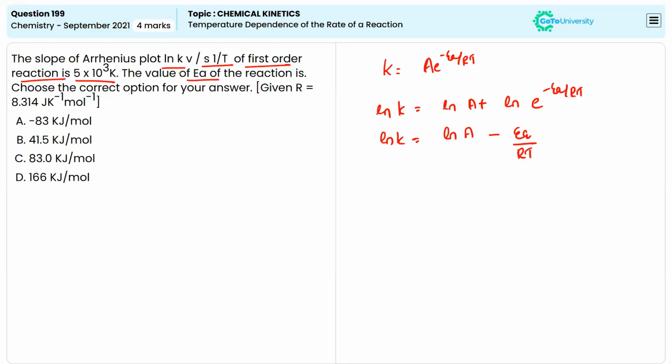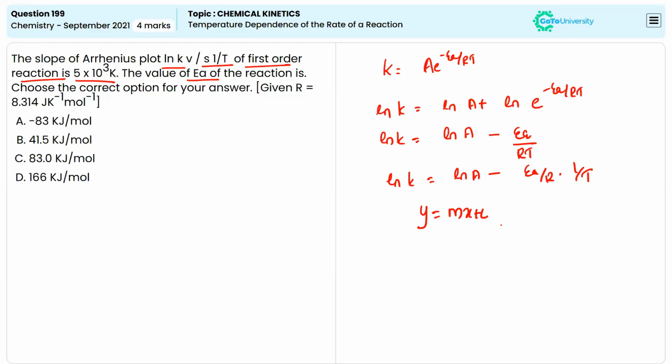Here they are asking for the slope of the plot between ln K versus 1/T, so we are considering ln K on the y-axis and 1/T on the x-axis. We can write ln K is equal to ln A minus Ea by R into 1/T. We know the equation for a straight line, y equals mx plus c.